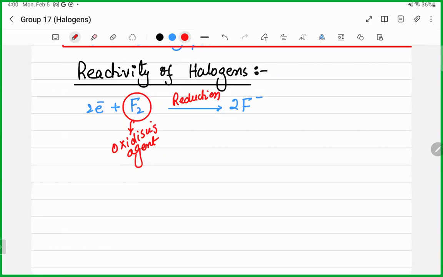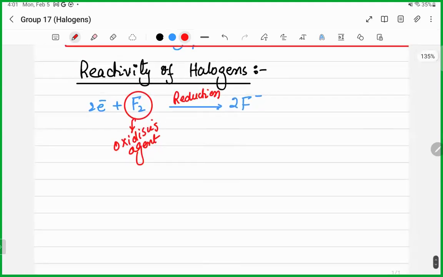Okay? So if you have any non-metal that reacts by gaining an electron and has a higher electronegativity value, then it's going to be more reactive. ठीक है? कोई भी halogen, कोई भी non-metal, इनफैक्ट चाहे वो ऑक्सीजन हो चाहे नाइट्रोजन हो, जब भी वो रिएक्ट करता है, all non-metals always make a negative ion by gaining an electron. So it depends on the value of the electronegativity. ठीक है?